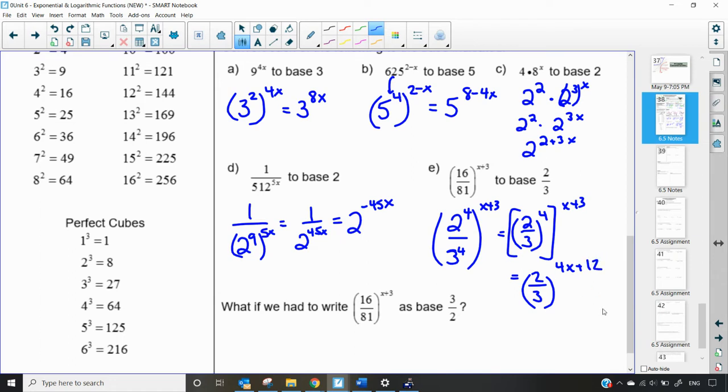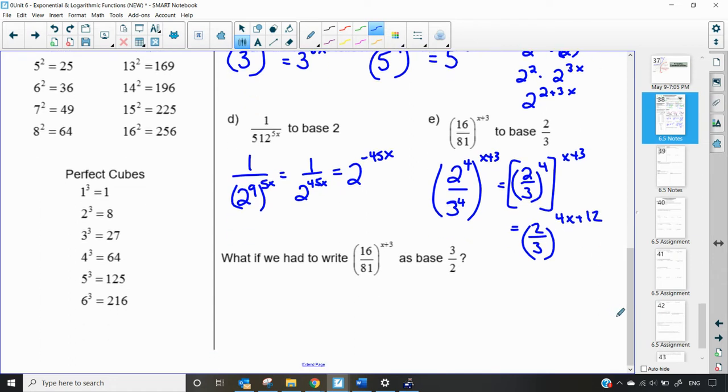Now the challenge comes in if I have the reciprocal base. So if I have 16 over 81 as base 3 over 2, notice the only difference here is our base has been flipped, which ultimately means all that we're doing is making our exponent negative. So to do a question like this, we're going to start off with what we already know. 16 over 81 can be written as 2 over 3 to the 4th, and then that would be to the exponent x plus 3.